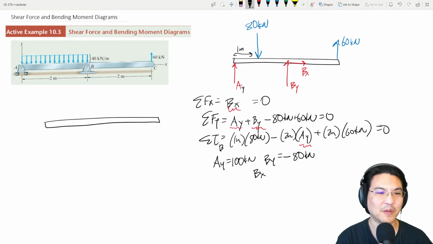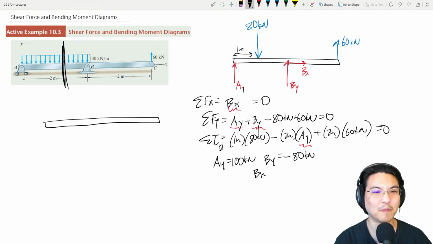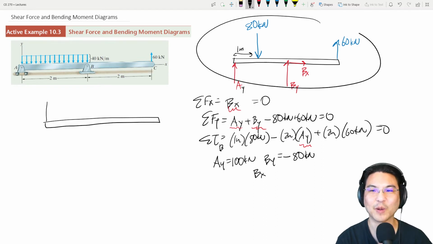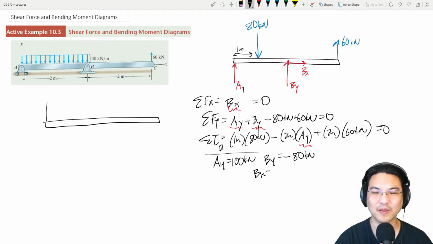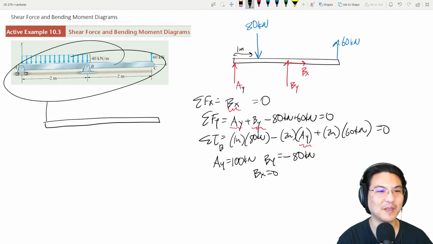Now, what we want to do is cut through this free body diagram at some arbitrary point. We don't want to use this representation anymore. We're done with this. This was only to solve for these three reactions. That was the point of using this. So now that we're done with it, we're back to the original.